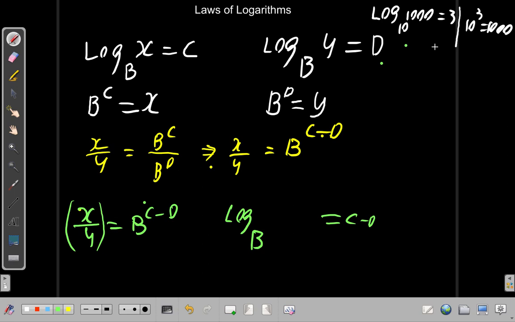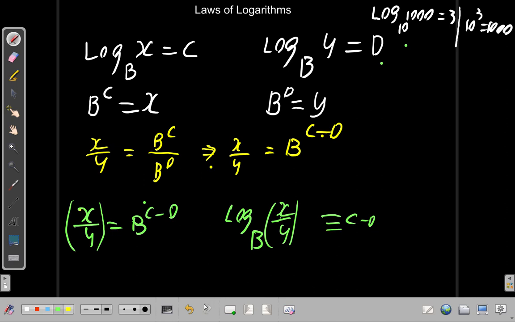In log form, x over y is the number you're finding the log of, and it is equal to c minus d.